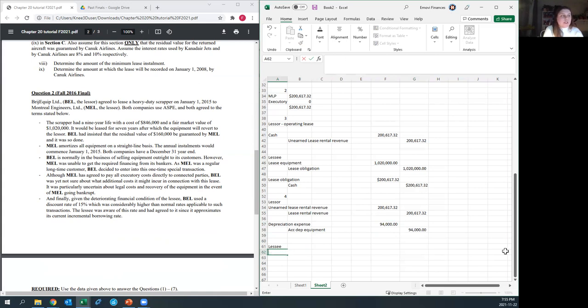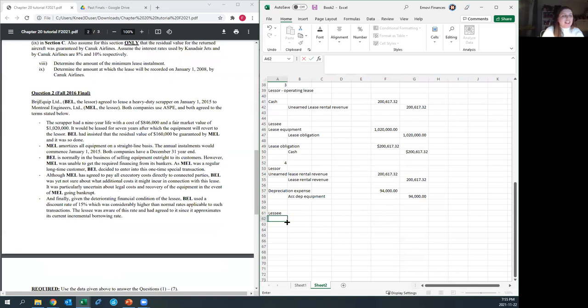I'm going to do the amortization schedule first. So you're going to have Jan 1st, 2015, then your payment on Jan 1st, 2015 again, then your Jan 1st, 2016. That's all we need. So your MLP, interest, percent reduction, and your book value of obligation.